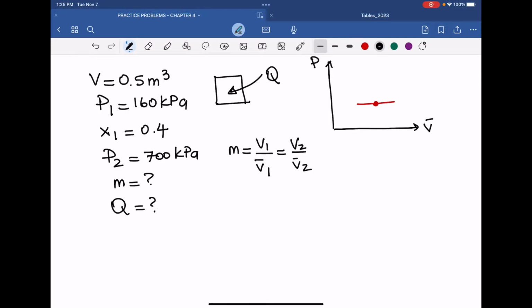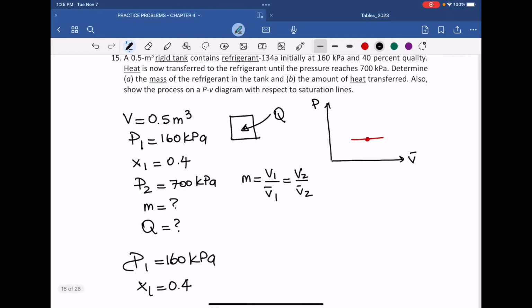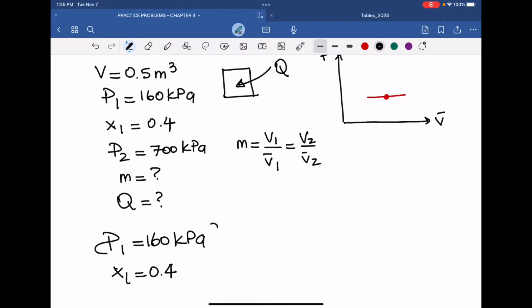So what we can do is first figure out the first state conditions. From there, we need to figure out what is the specific volume or other properties we might need.